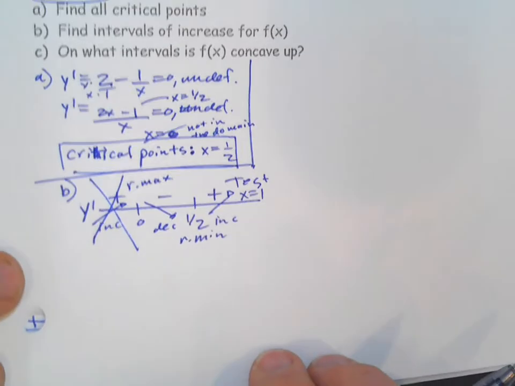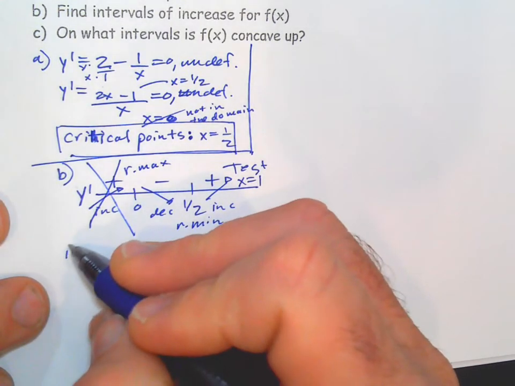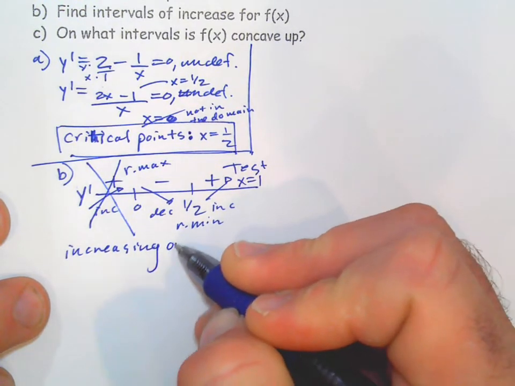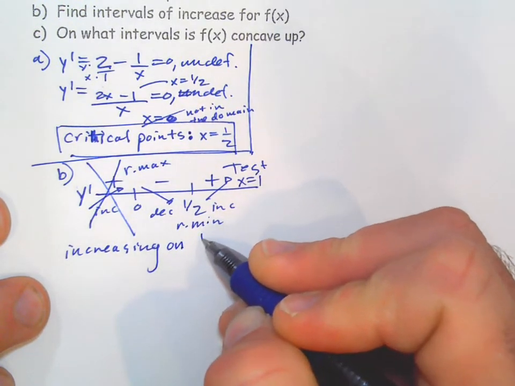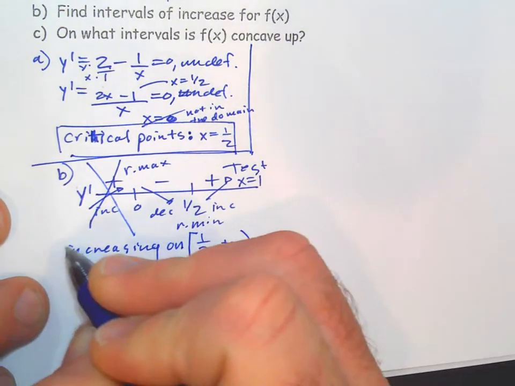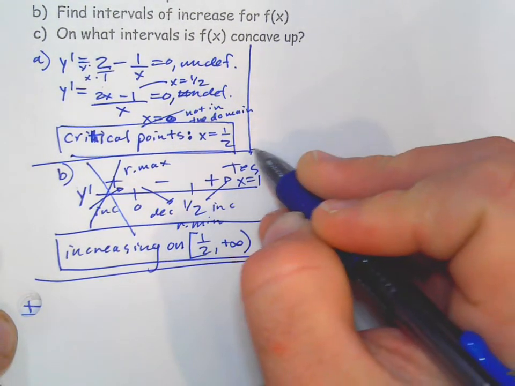So my final answer is increasing on the interval 1/2 to positive infinity. We include the endpoints on increasing, decreasing if they're in the domain of the problem.